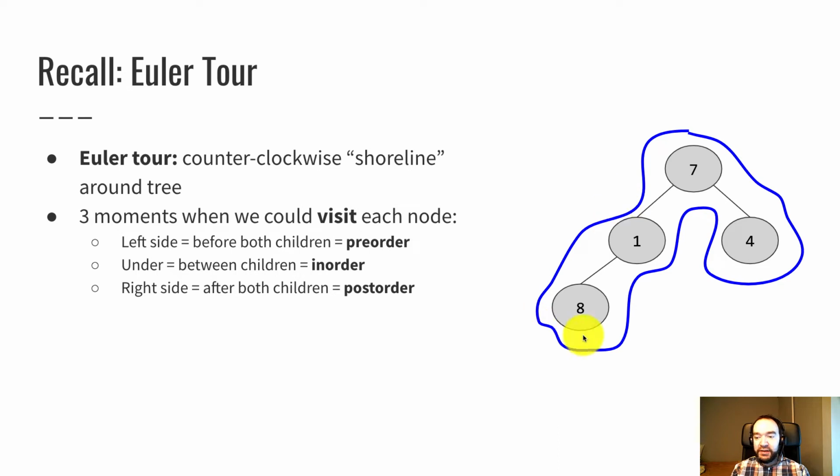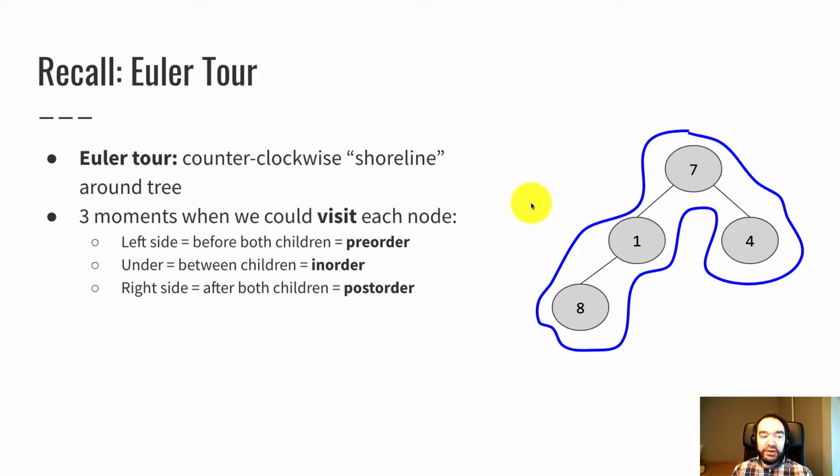The difference between them is whether we visit the node on the left side before we've gone past either of the two child pointers of the node, or on the underside of the node after the left pointer but before the right pointer, or on the right side after both pointers. And depending on which policy we take, we can derive the preorder, inorder, or postorder traversal.